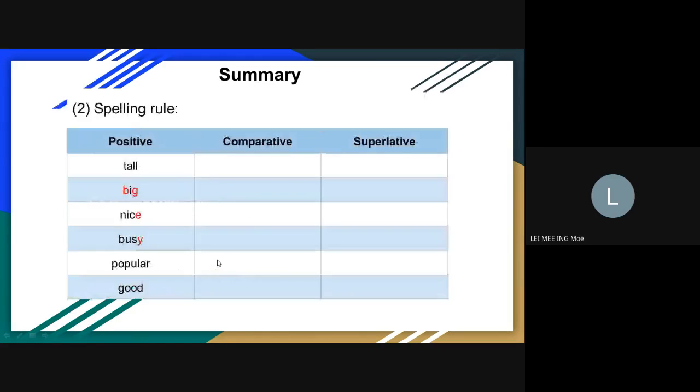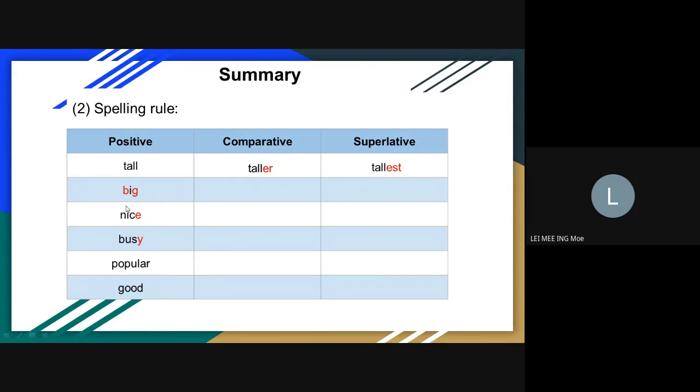Now the summary for our spelling rule. Normally for most adjectives we add er for our comparative form. For example, tall, taller, you just add er. Superlative, we add est. Tall, taller, tallest. This is the most common comparative and superlative form.